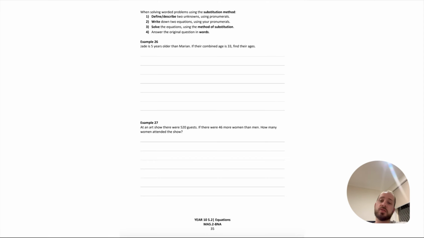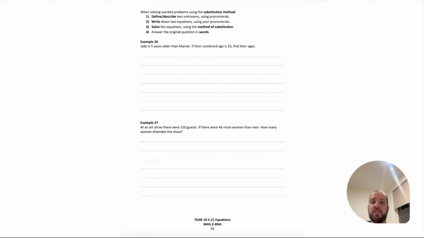Okay, so looking at this question, Jade is 5 years older than Marion. If their combined age is 33, find their ages. So the key terminology that I would highlight in that question is Jade, and turn that into a J, is 5 years older than Marion.